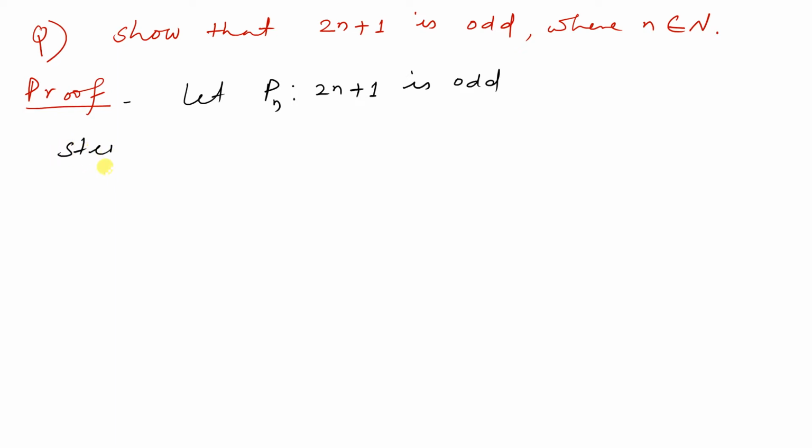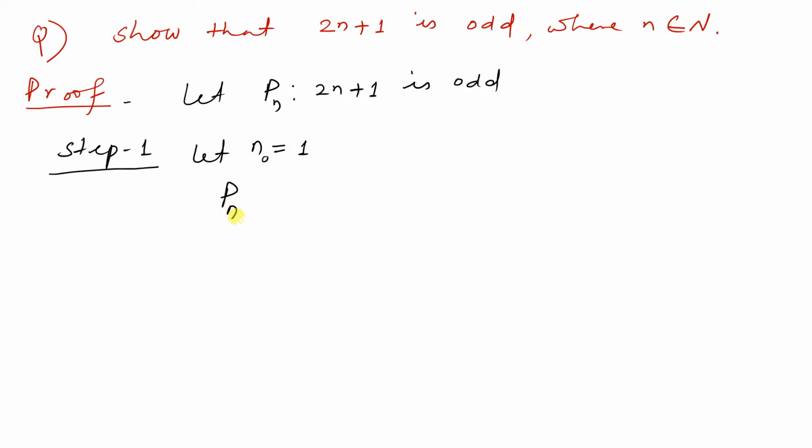Step 1, you have to do it stepwise, okay? Step 1, let n be equal to n naught. Or let's say I write n naught like this: n naught is equal to 1.